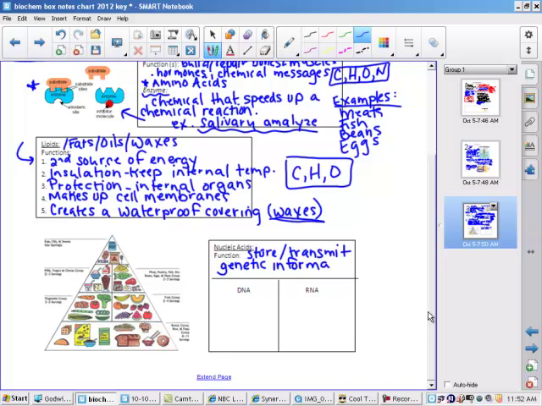DNA, your genes, what you get from your parents, that's what we're talking about with nucleic acids. Passed down. The main elements in here are carbon, hydrogen, oxygen, nitrogen, and phosphorus. So they have all of those common elements in there.